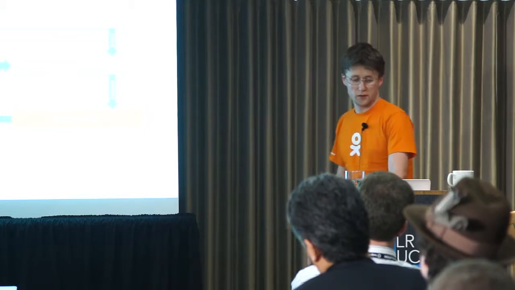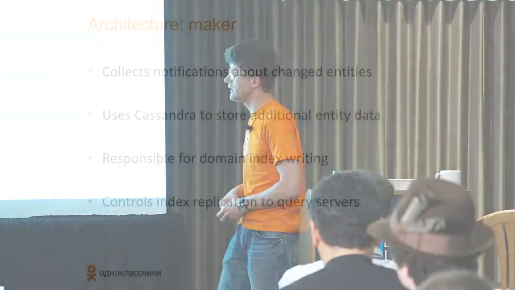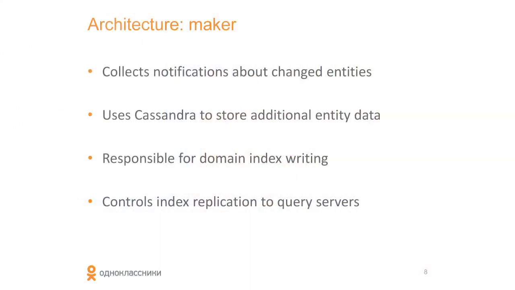Let's talk in a bit more detail about each of these components. First, the indexer. It collects all the notifications about changes and processes them efficiently, asynchronously, in many threads. One of the problems we have is that we enrich the documents with some data not available in the entity itself, for example, some activity metrics we have from data warehouse systems.